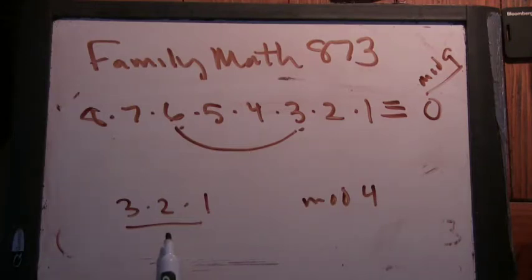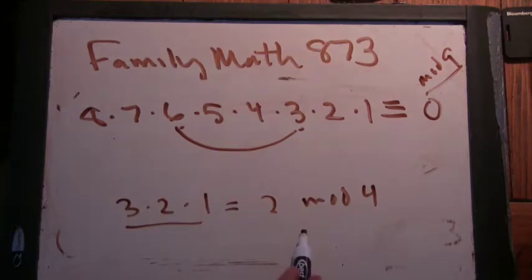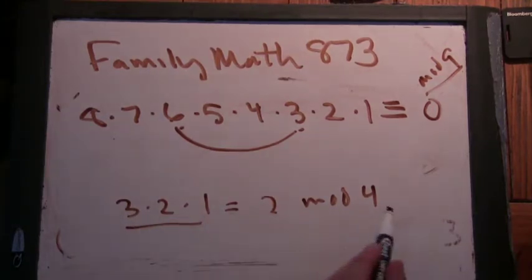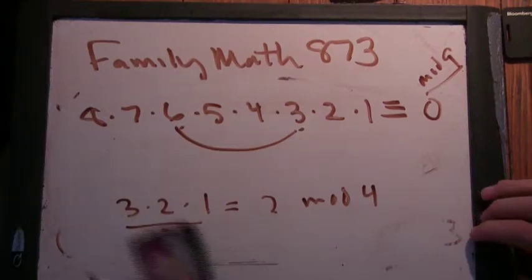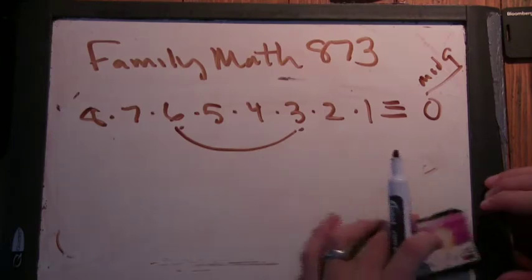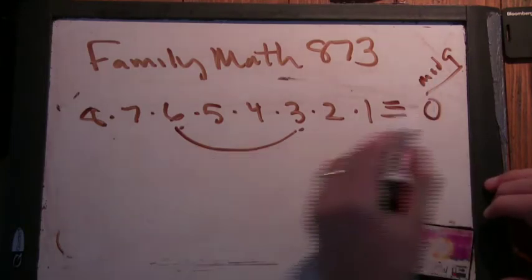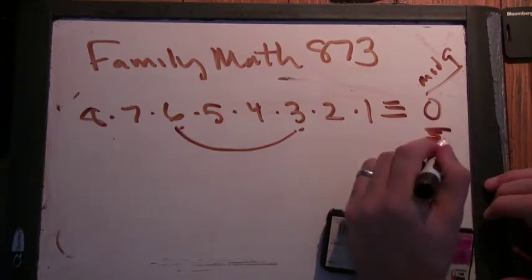That'll be 2 mod 4. Here we don't have all the factors of 4 because we only have 1, 2. But probably for the larger factorials, we have all the factors. So for 9 at least, we found that this is 0 and it's not -1.